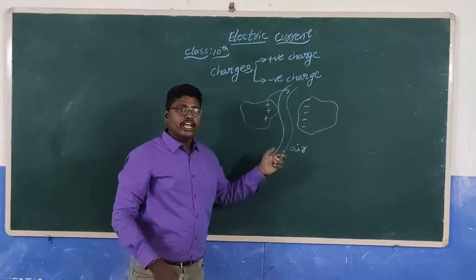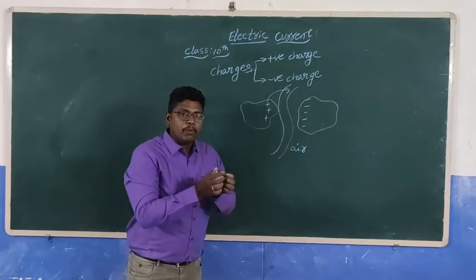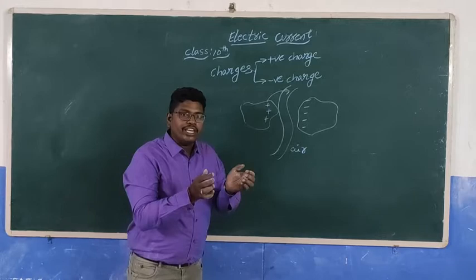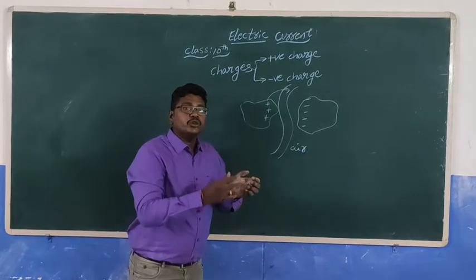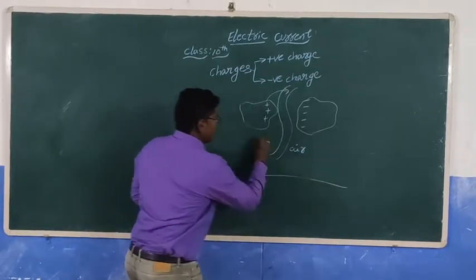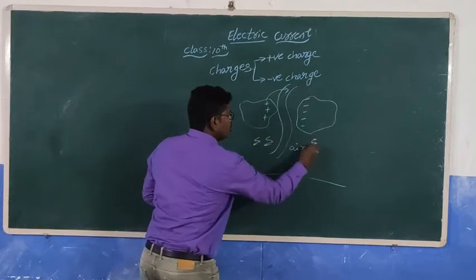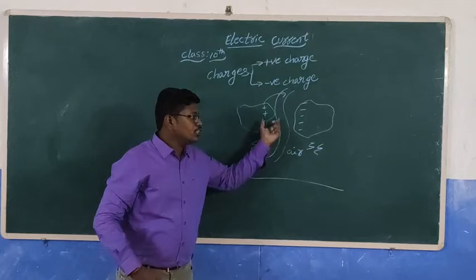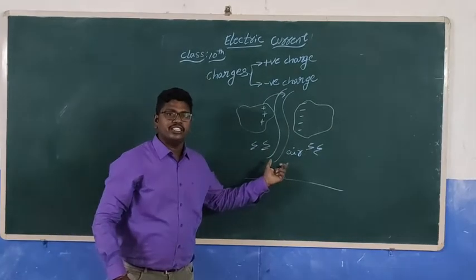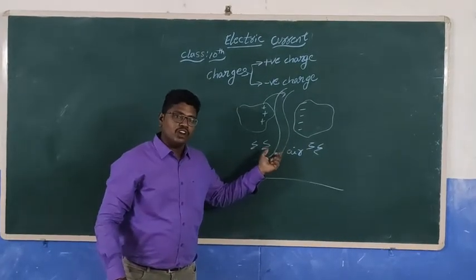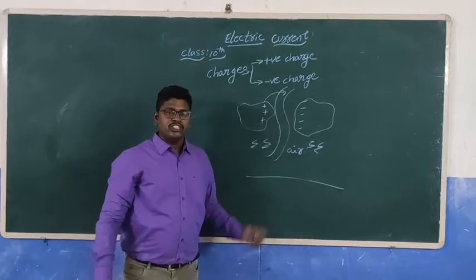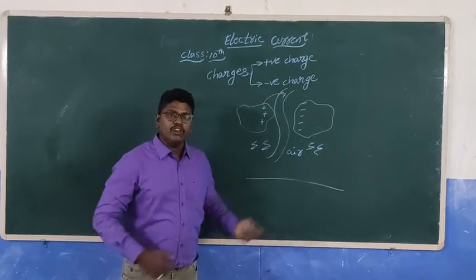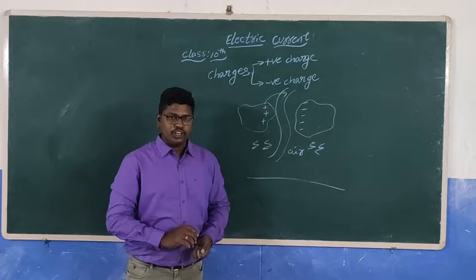Due to that, internally in the cloud the positive charges accumulate and are ready to discharge towards the earth. So here we are observing the motion of charges, that is, the discharge of charges towards the earth.